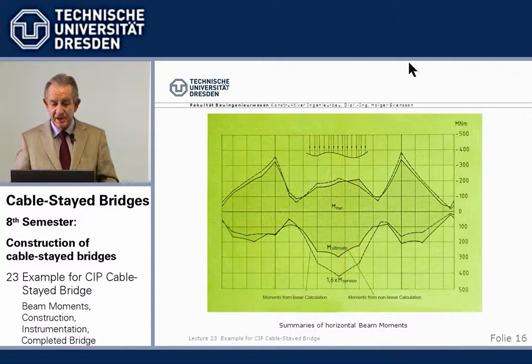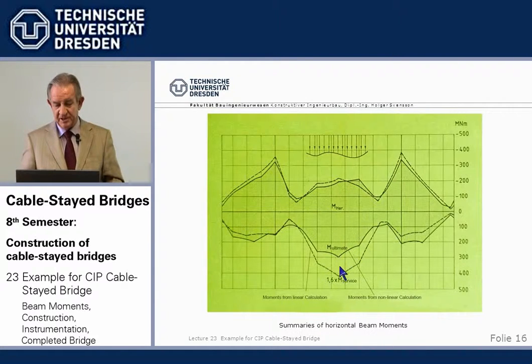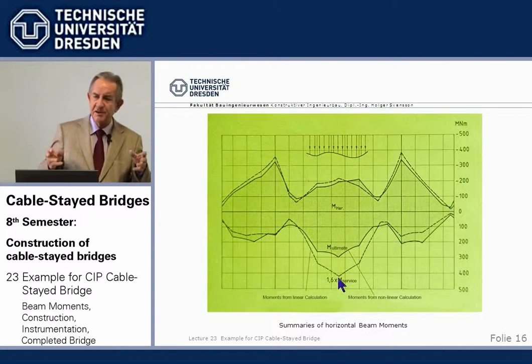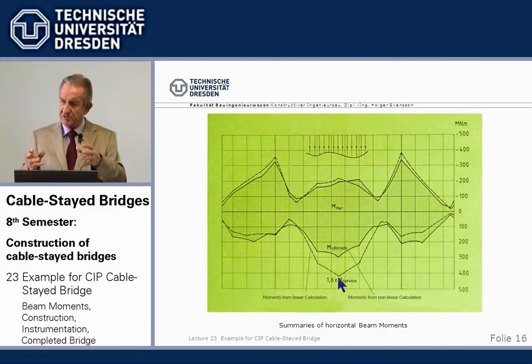And we see here in the middle of the main span, interesting enough, that the ultimate loads with nonlinear effects are smaller than the live loads and the service loads times 1.6. Why? Well, basically the reason is because we have a cracked beam.